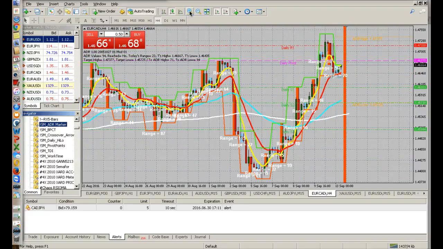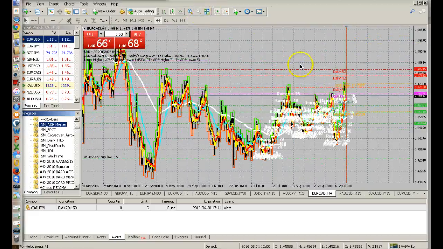You put a really small lot size, and if it's going in your favor, then you can double up and put another lot size bigger. But on the first resistance, I never put big lot sizes. I put a very small one. I'll put a penny if I have to, and see what the market does, and then if it's going in my direction, then I add.